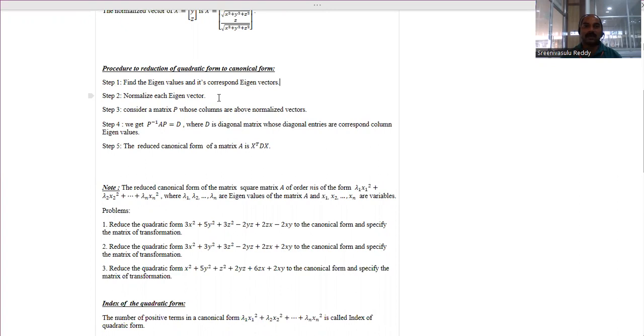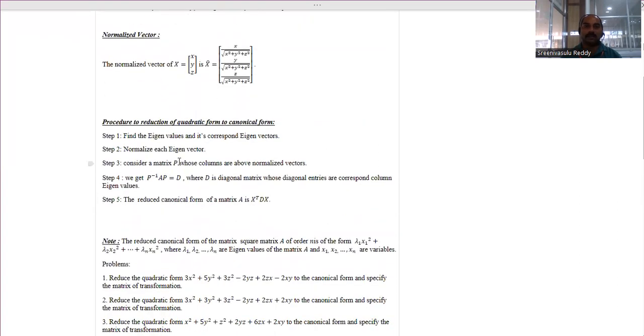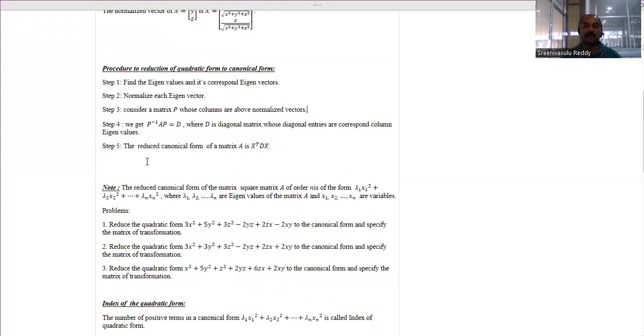Normalize each eigenvector. Then consider the matrix P whose columns are the above normalized vectors. We get P inverse A P equal to D, where D is a diagonal matrix whose diagonal entries are the corresponding eigenvalues. The reduced canonical form of the matrix A is X transpose D X.